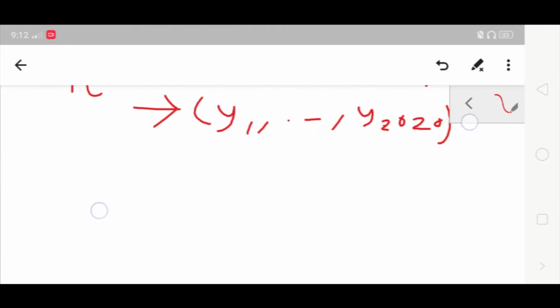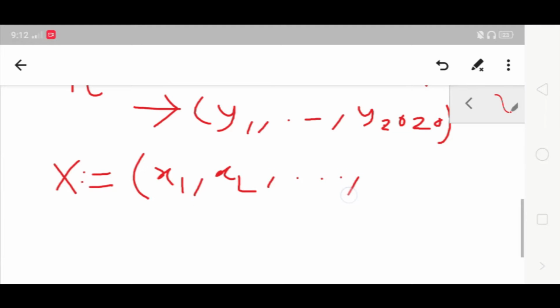Suppose x is some element of the list x1, x2 up to x2020.